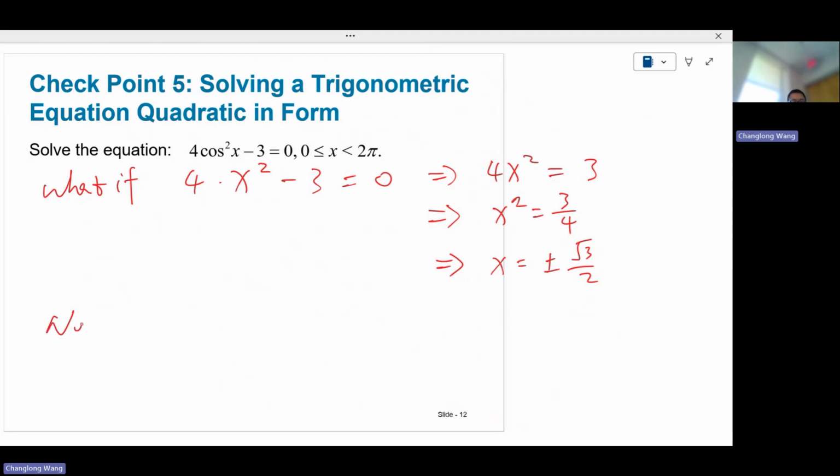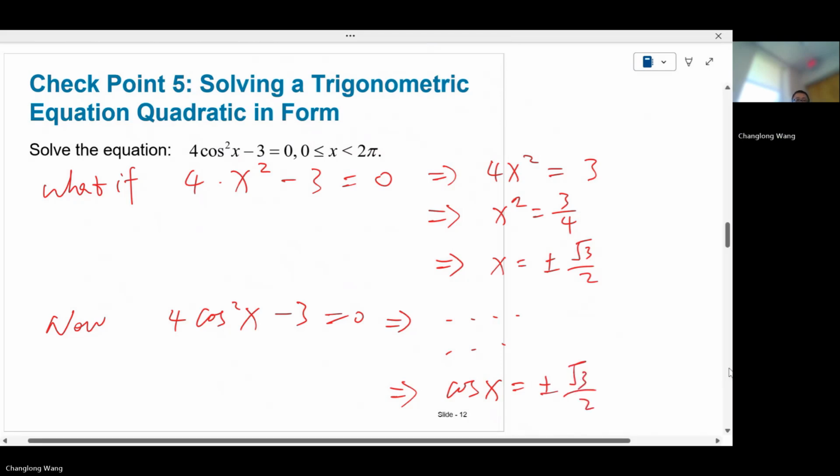So now we have 4 cosine squared x minus 3 equal to 0, right? So we should do the same thing. I'll put dot, dot, dot. So I hope you see that cosine x is nothing but plus or minus radical 3 over 2. Right?